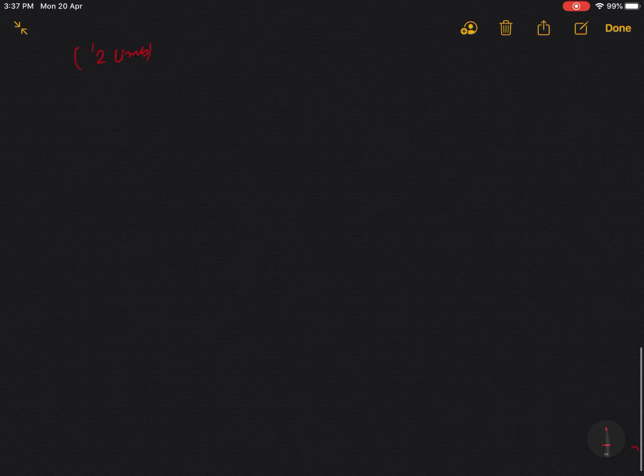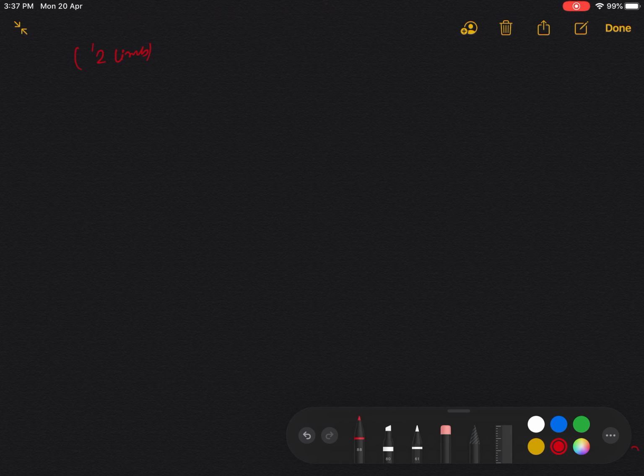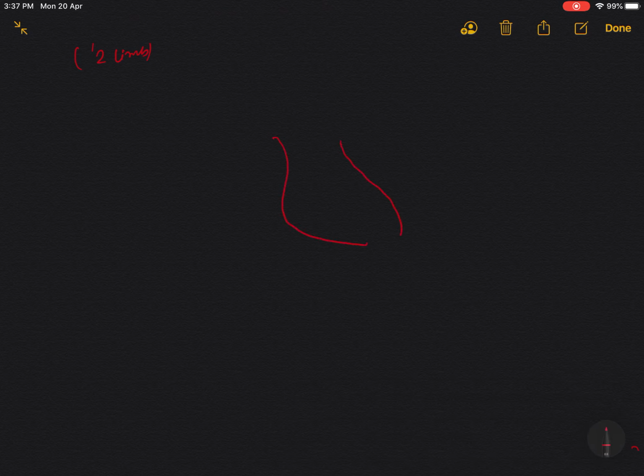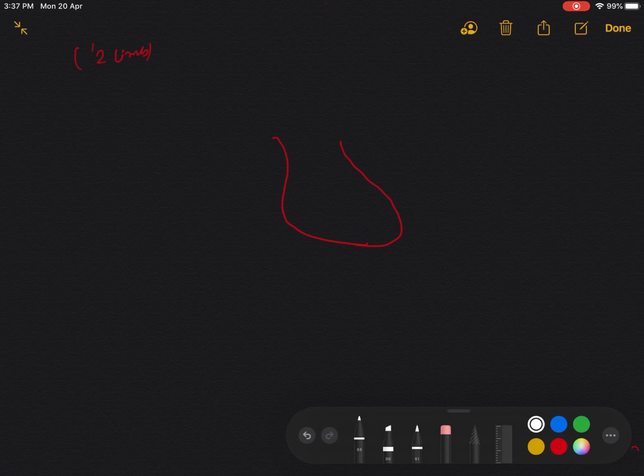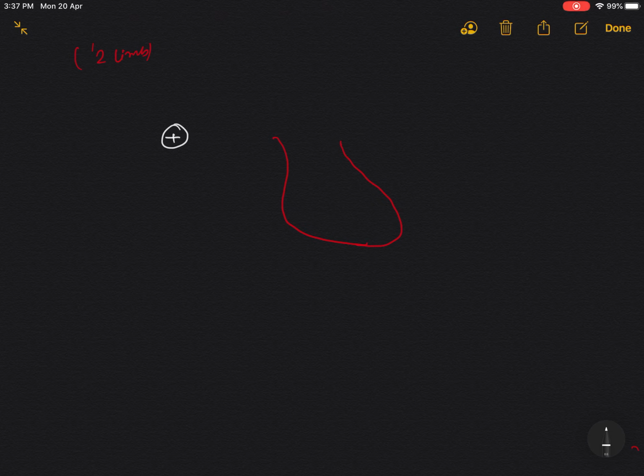Like this, if this is the heart, this is the right upper limb, this is the left upper limb, this is the left lower limb.